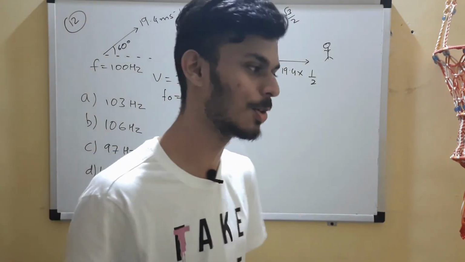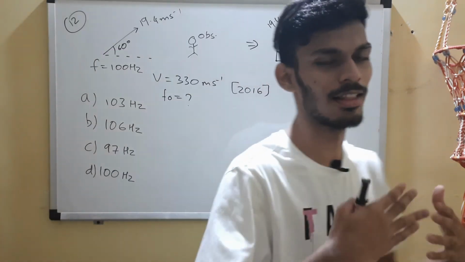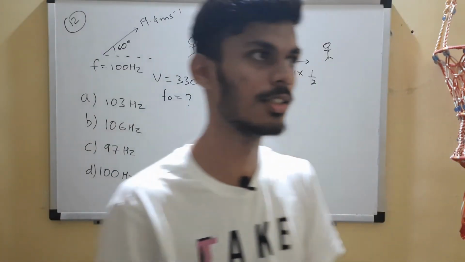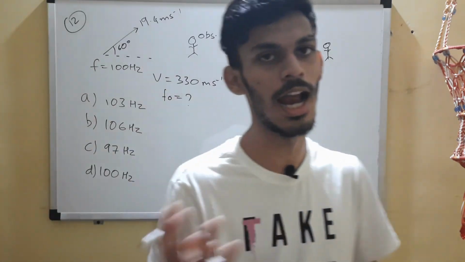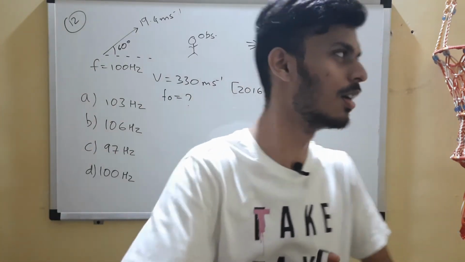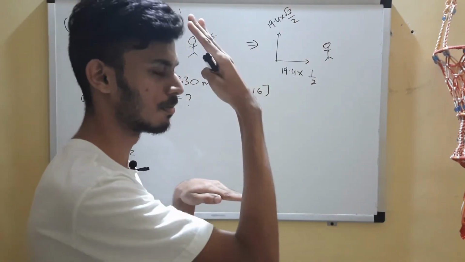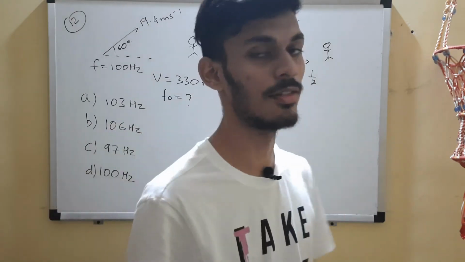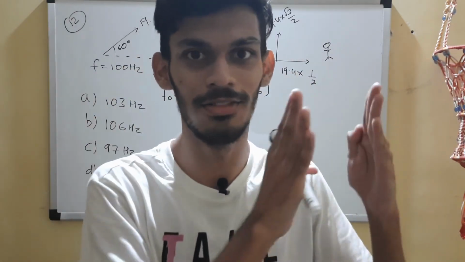So you can make a note that whenever you have velocity in some oblique direction, you can break it into components, one towards or away from the observer, and one perpendicular to it, moving parallel to the observer. The component which is parallel to the observer will not have any effect on the apparent frequency.